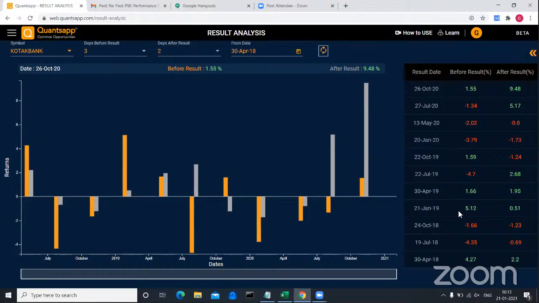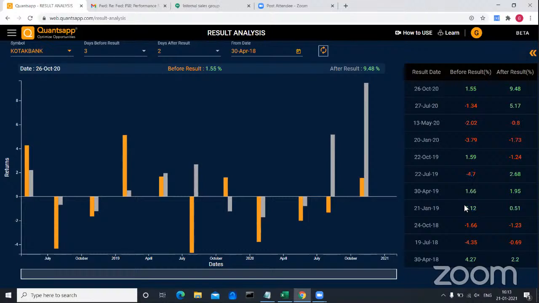So it's giving me an idea that this stock can go to any side, whether upside or downside, and you can even see the quantum: whenever the result comes, in the 3 days before, the stock can move in a big quantum. From the negative end it can go almost to 5%, and on the positive side it can go to 5%.